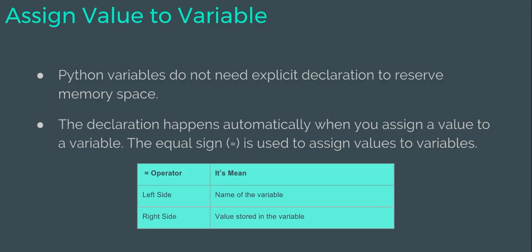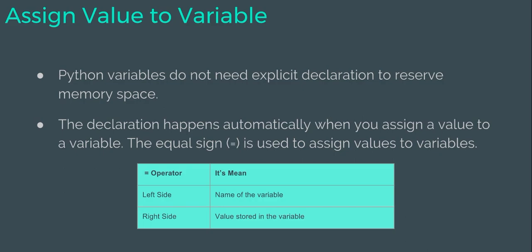There are operator types like arithmetic operator, boolean operator, conditional operator, and logical operator. How operators work in Python we will discuss in the next lecture.